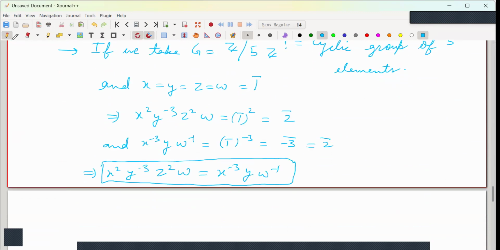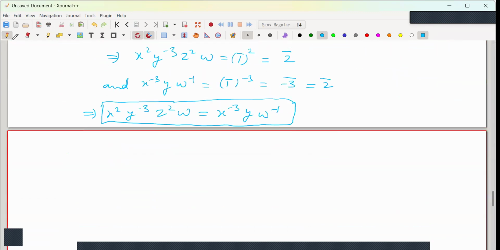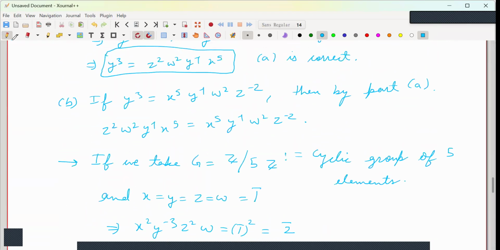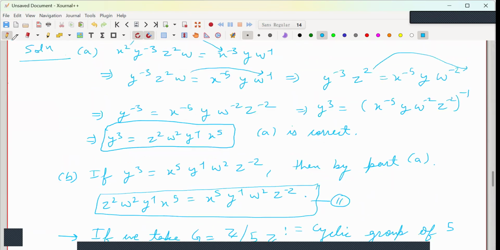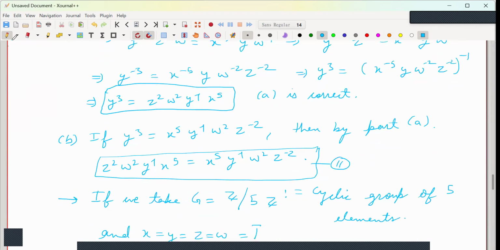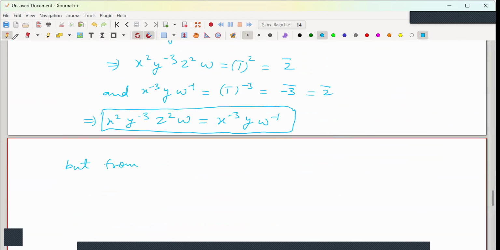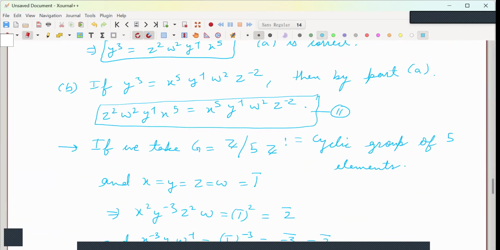So we have in particular taken this, but let me just circle this also. First relation is already in the problem.